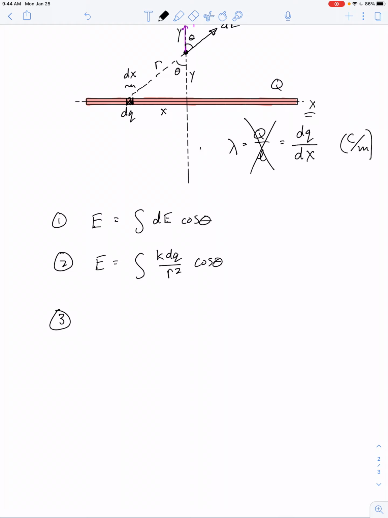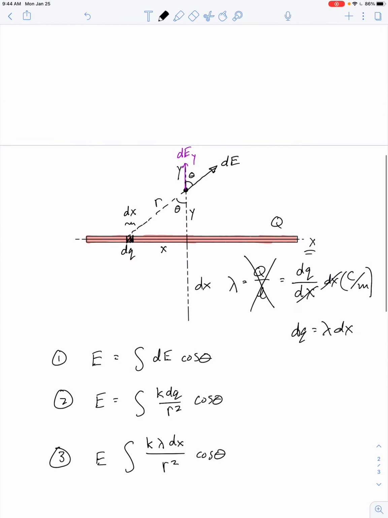If I cross multiply by dx, we can say that dq is lambda dx. There we go. And now we've got the integral of k lambda dx over r squared cosine theta.